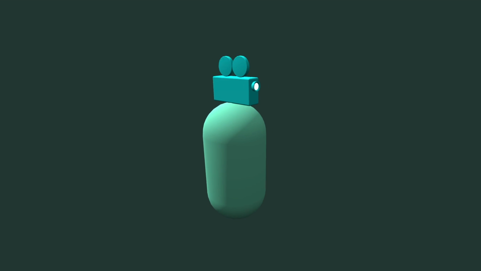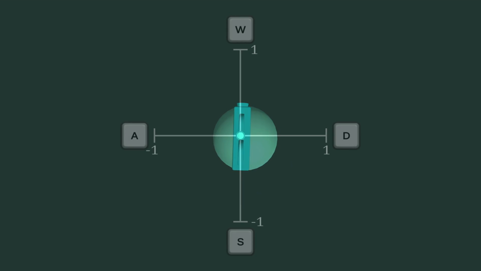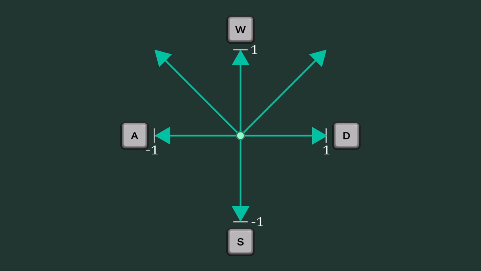Visualizing the player controller from above, we can overlay the vertical and horizontal axes on top of each other. Because we're accessing the raw value of these axes, there are a total of 9 possible directions we can move in. These include forward, backward, left, right, all of the diagonal directions, and of course, no direction.